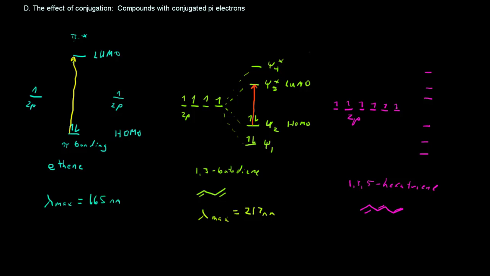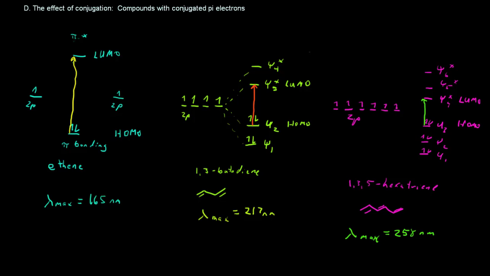And again, we'll label these as psi1 through 6. 1 through 3 are bonding. And so our HOMO-LUMO gap now is even smaller. And so the wavelength of a photon that will effect the transition between the HOMO and LUMO for 1,3,5-hexatriene is even longer than we saw for 1,3-butadiene. And lambda max of that HOMO-LUMO transition is 258 nanometers.